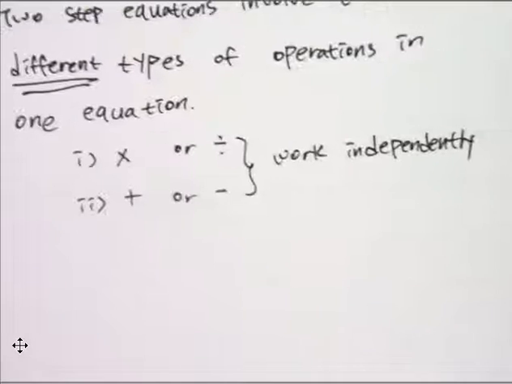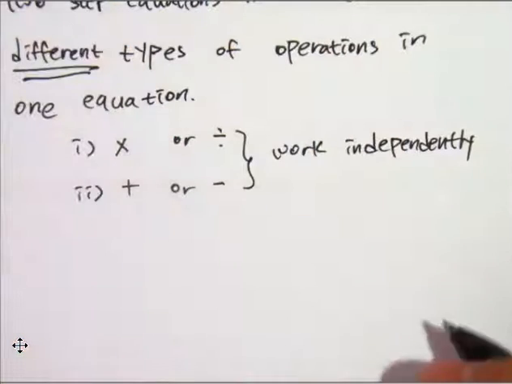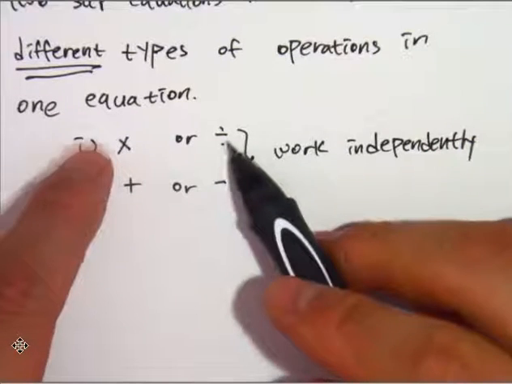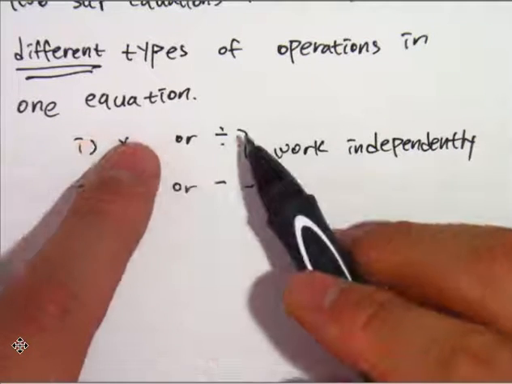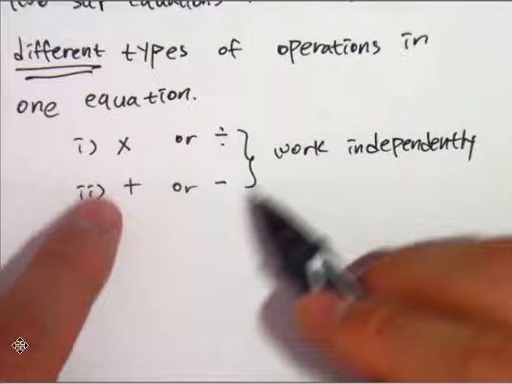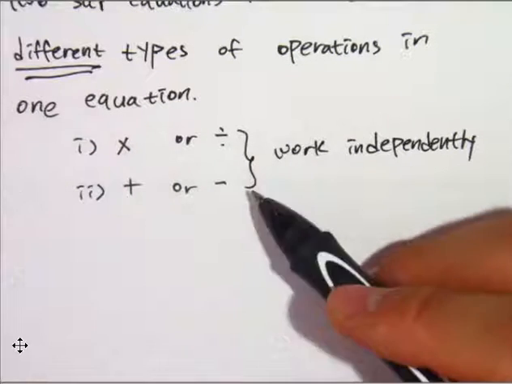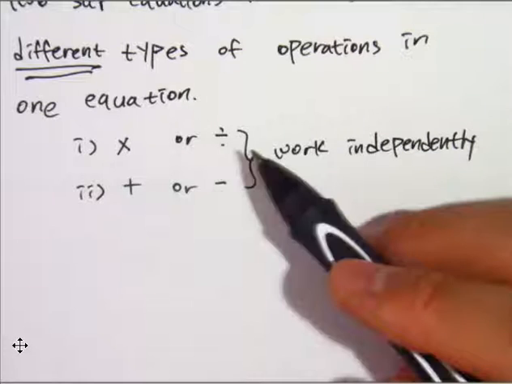You can consider multiplication and division as step number 1, either multiplication or division, followed by step number 2, addition or subtraction, or vice versa. It can be addition or subtraction first, and then followed by multiplication and division.